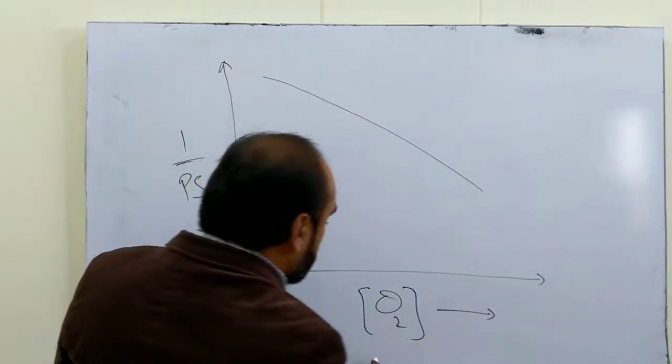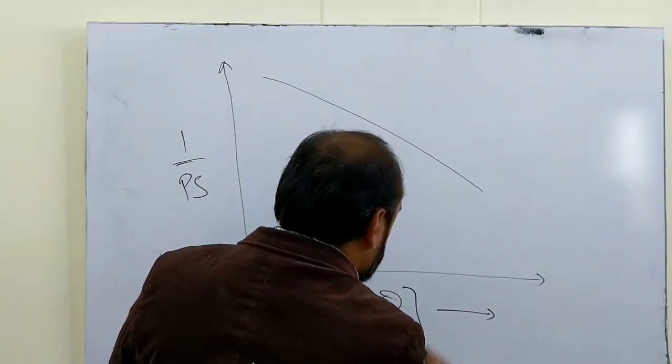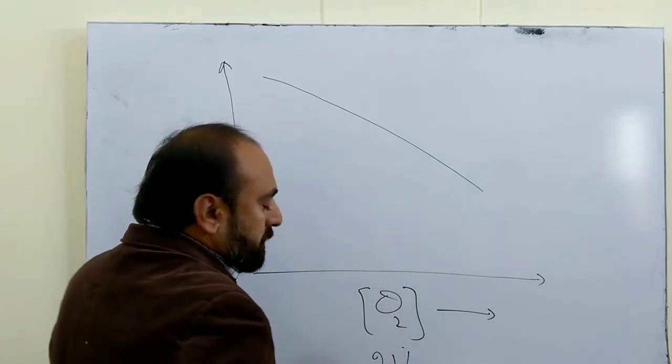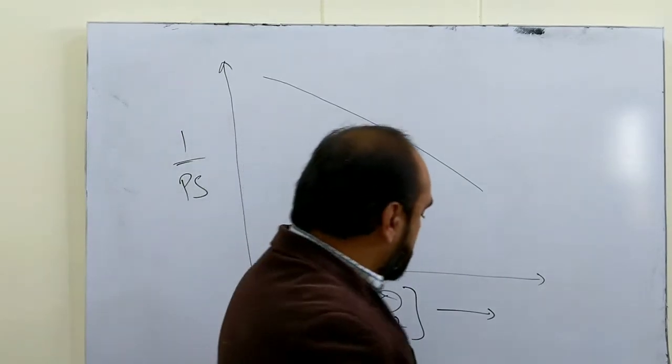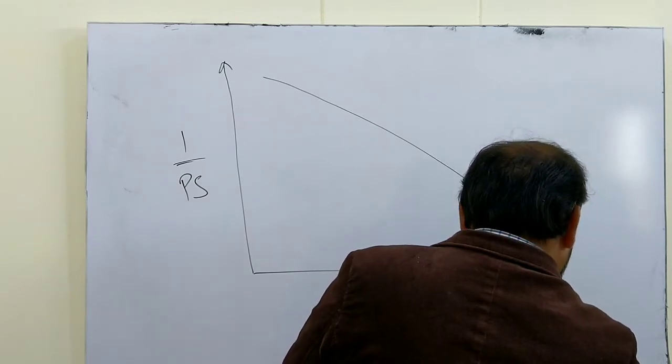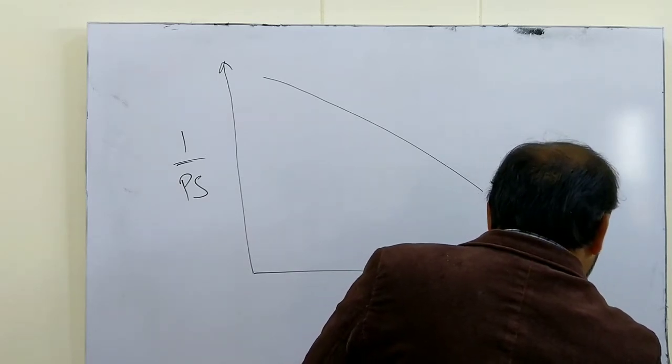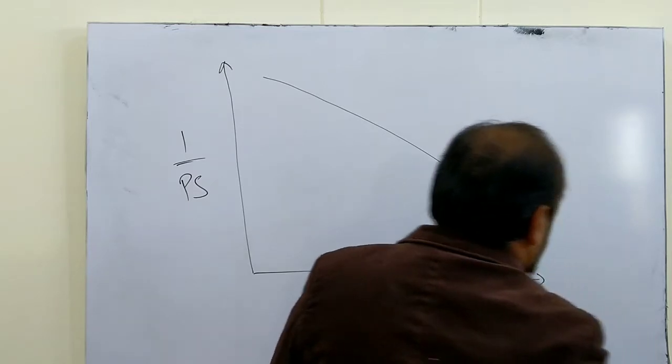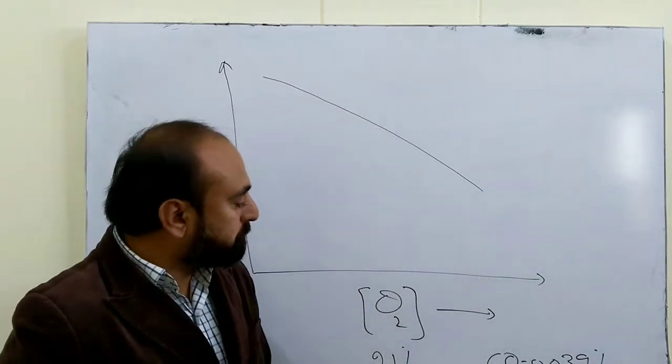Oxygen concentration in the environment is about 21%, whereas carbon dioxide concentration is just 0.039% or 0.04%.